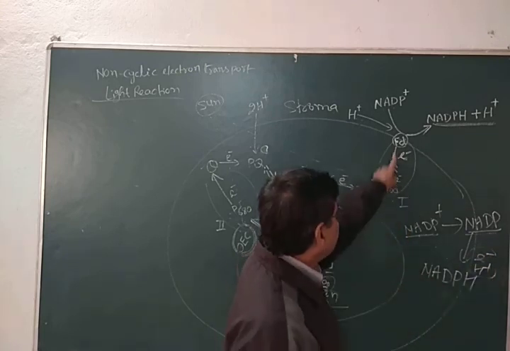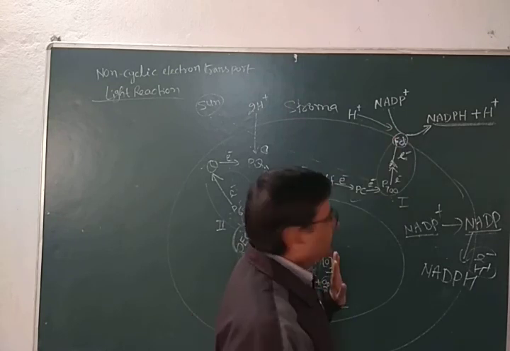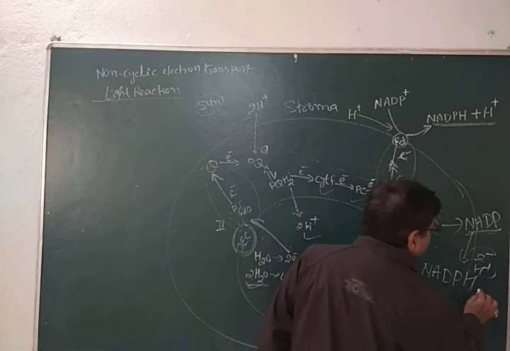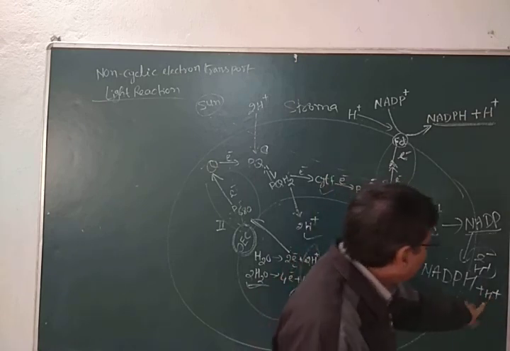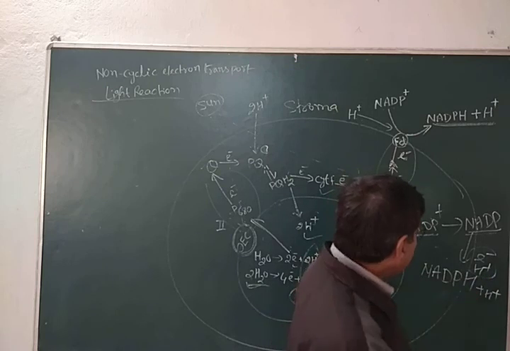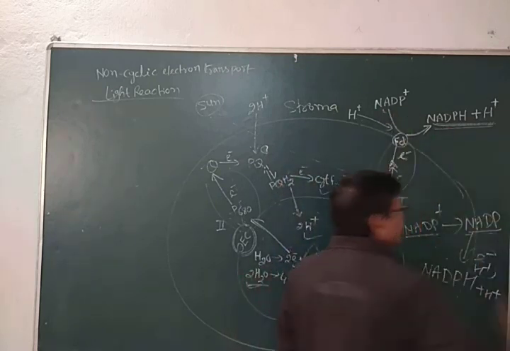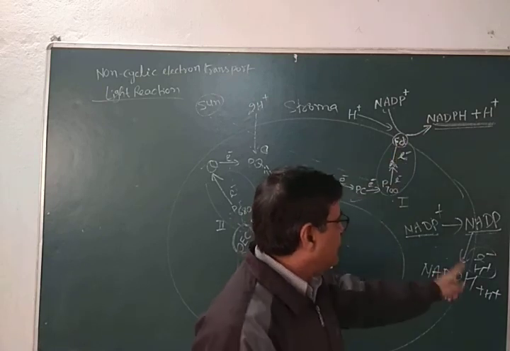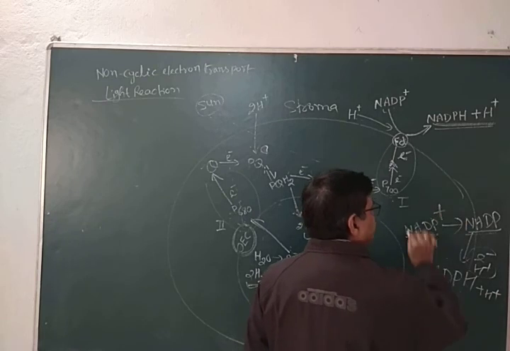Electron comes from this photosystem 1, proton from the stroma. And now to form the NADPH plus H plus, it requires one more proton also. Means for the synthesis of NADP plus to NADPH plus H plus, it requires two electrons and two protons. NADP plus is the oxidized state.